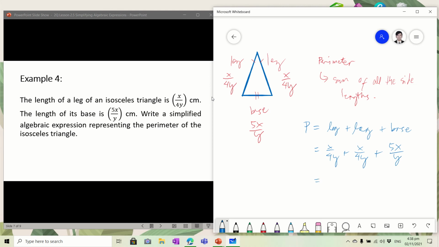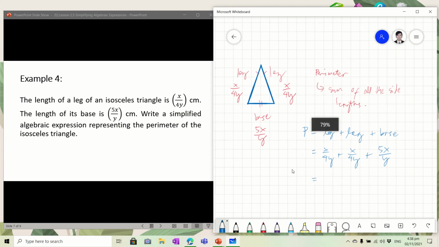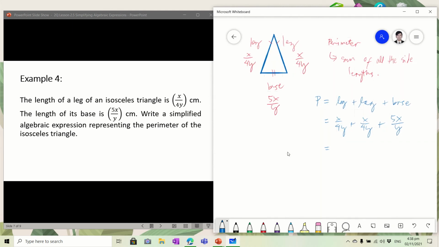So now as you can see, all of the three are like terms. So how did I know that they are like terms? Because the literal coefficient here is x over y. Same here, x over y. And same here, x over y.